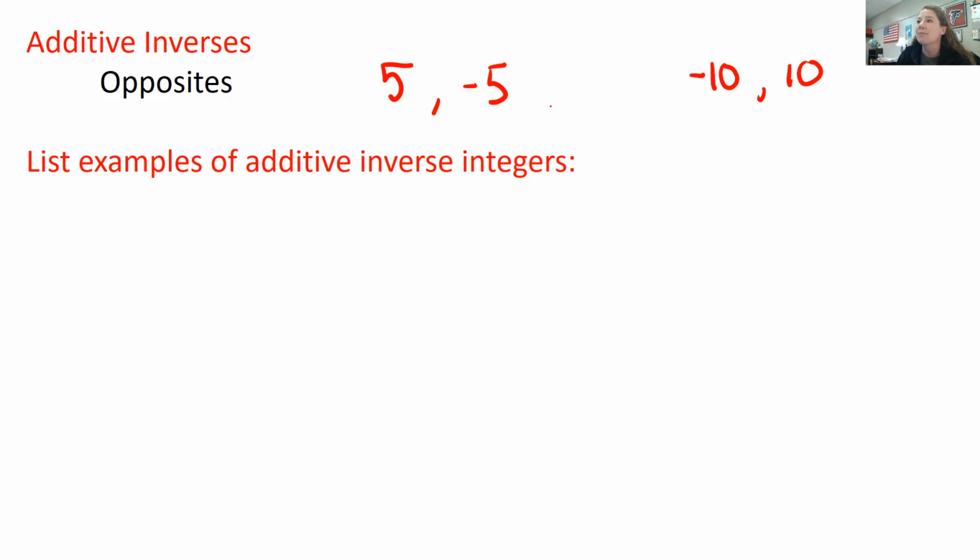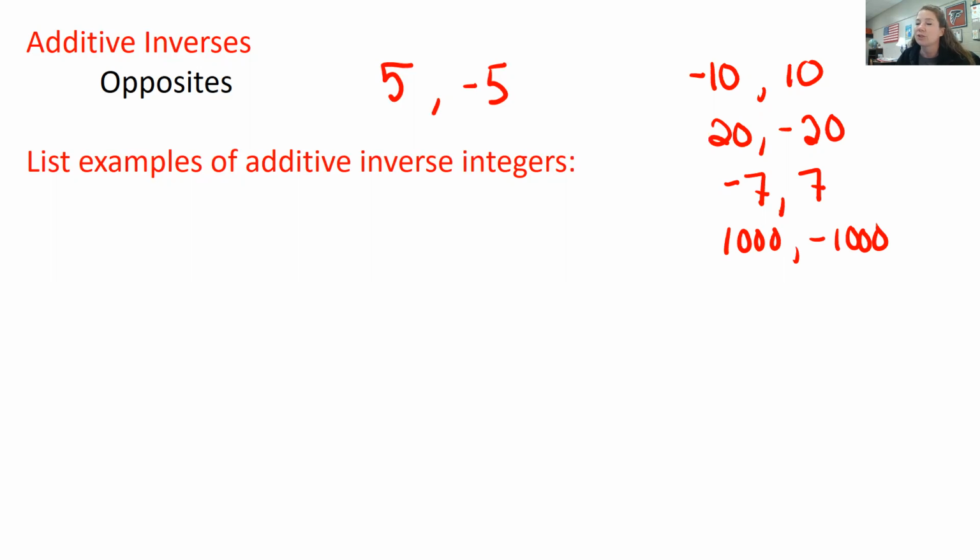They're also called opposites. So the opposite of 20 would be -20. The opposite of -7 would be +7. The opposite of 1,000 would be -1,000. So these are all examples of additive inverse integers. Now an integer is just a whole number and its opposite.